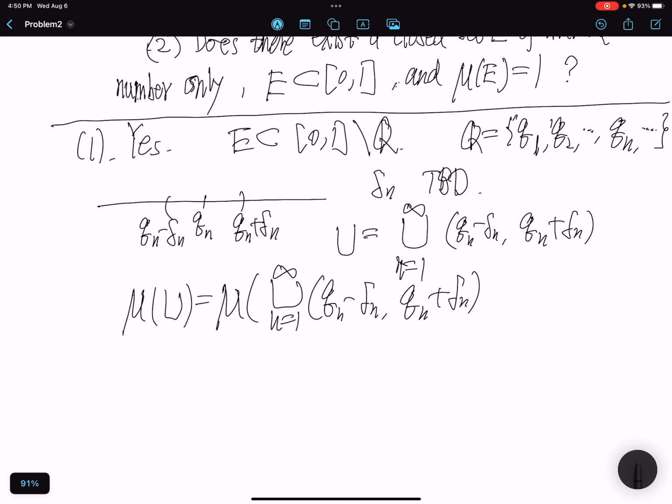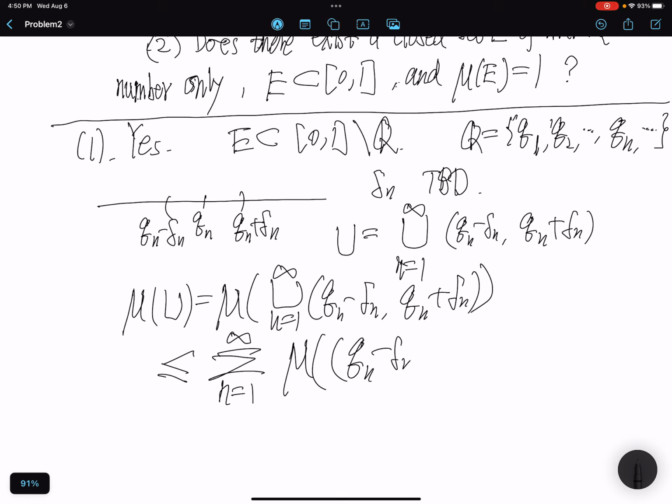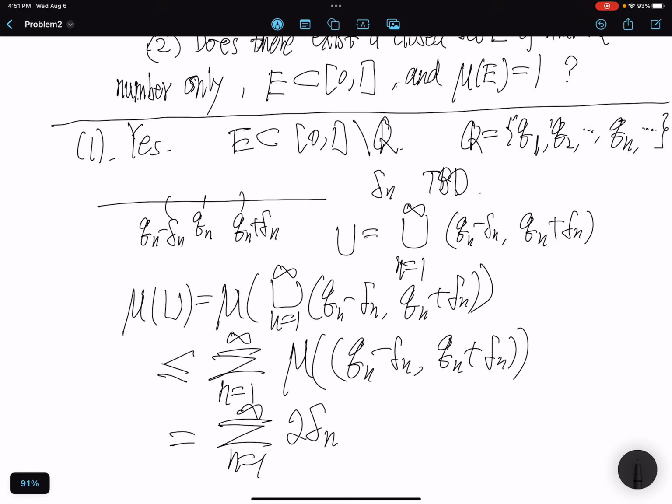By using the subadditivity of the Lebesgue measure, this is less than or equal to the sum of the Lebesgue measures of these intervals, which is the sum of 2 delta sub n. But we want this to be convergent, because we are constrained to the unit interval.